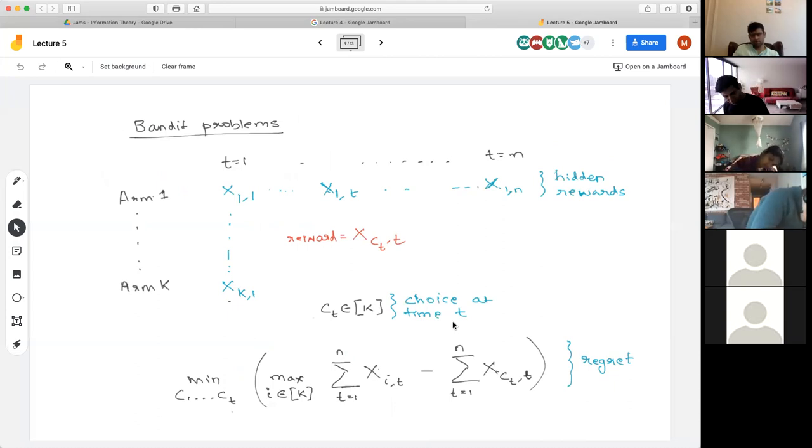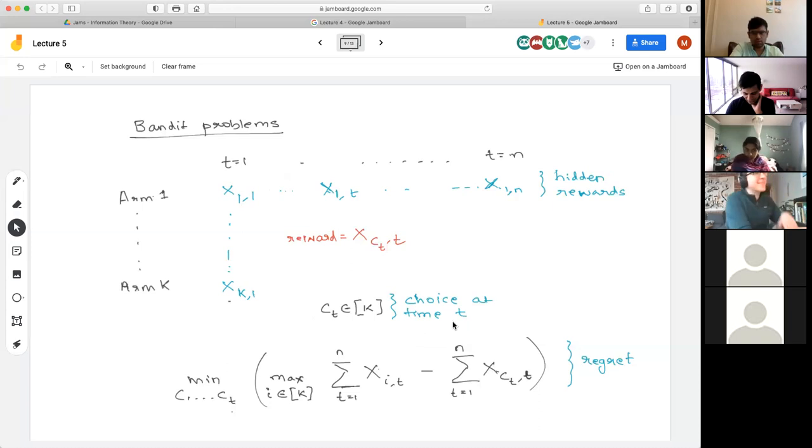I'll not give the full bound, but I'll do a toy version. Let me introduce a class of problems called bandit problems. The name bandit comes from slot machines in a casino, where you have different arms and different machines. You can pull one of them, and you see what the outcome is.